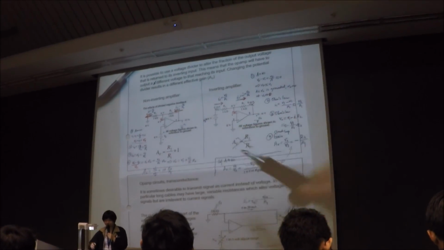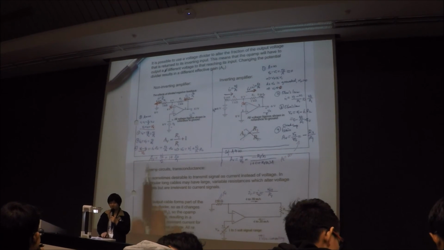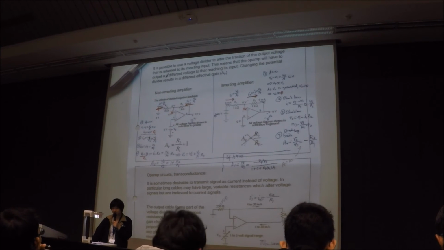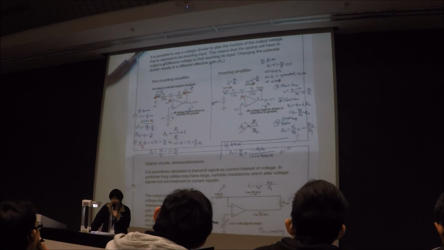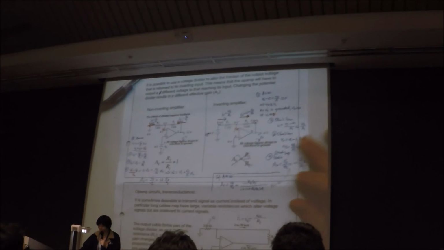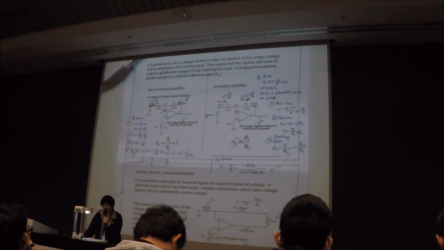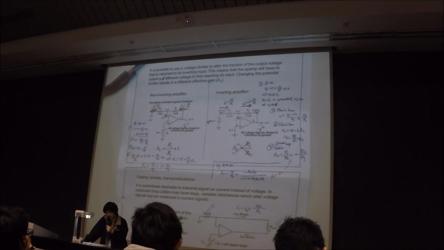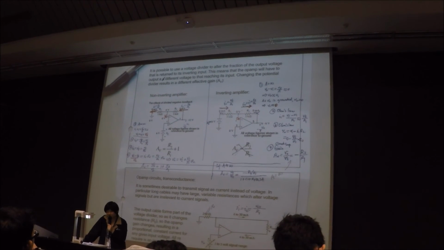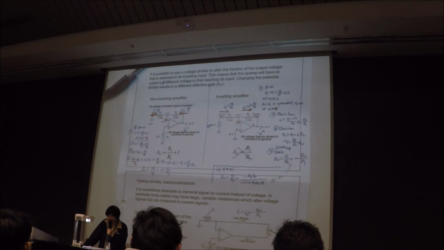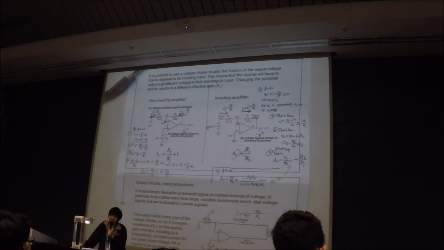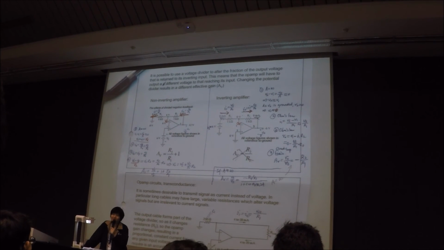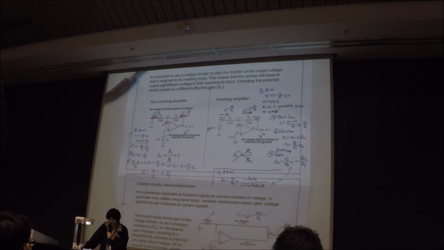The amplification gain is the ratio of output and input, which is 1 plus R2 over R1. So for the non-inverting configuration, the amplification gain becomes 1 plus R2 over R1. Again, this depends on which R1 and R2 you're using.